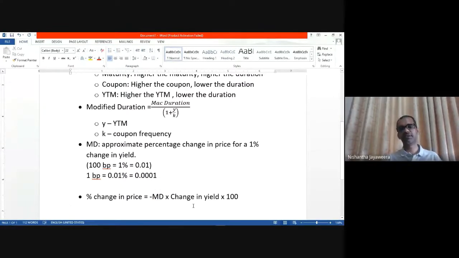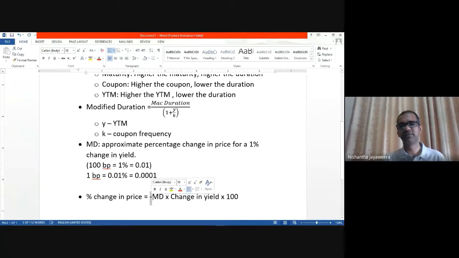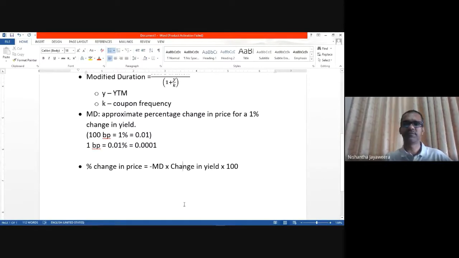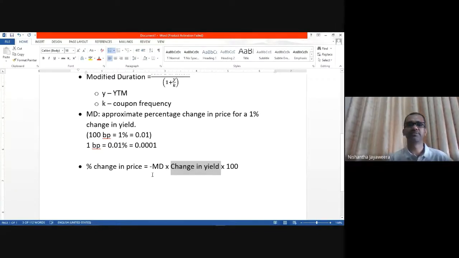Then you know that if yield increases, price decreases. If yield decreases, remember, when you put the change in yield, you have to use the sign properly, or you have to remove this negative sign. Either way you can do that. If yield increases, the change in yield is positive, and positive times minus gives a negative answer. If the change in yield is negative, meaning yield decreases, then you put the negative figure here.